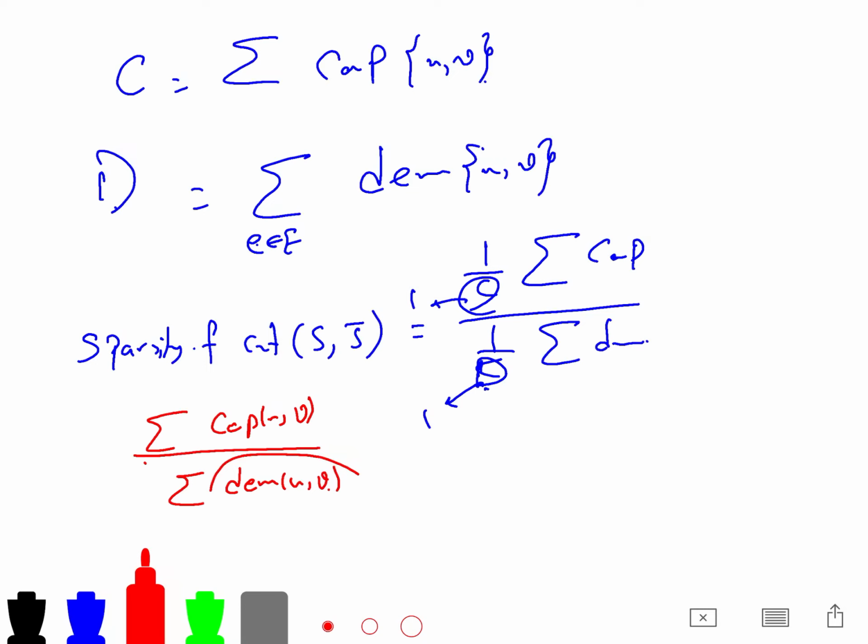And the demand is very interesting because in a special case of product demands, we say that the demand of U and V is just mu of U times mu of V. And these are distributions over vertices.